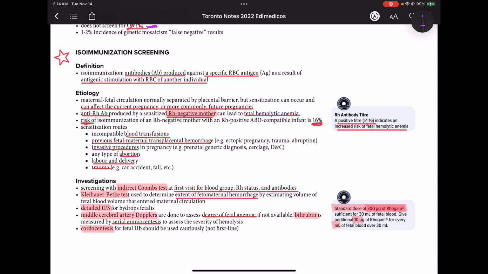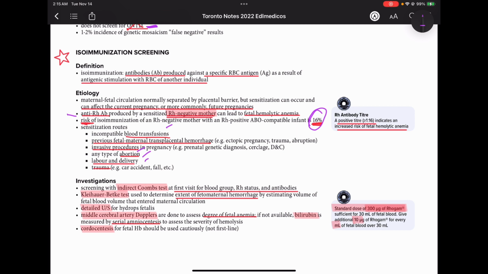Anti-RH antibody produced by a sensitized RH negative mother can lead to fetal hemolytic anemia. The risk of isoimmunization of an RH negative mother with an RH positive baby is 16%. The routes might be blood transfusion, fetal maternal transplacental hemorrhage, invasive procedures, abortion, delivery, or trauma.